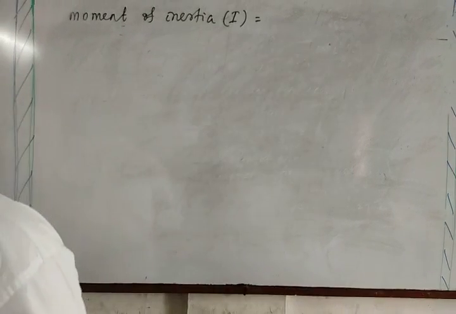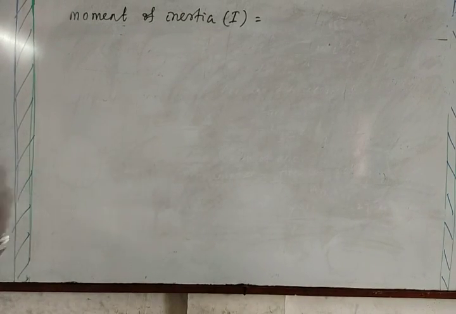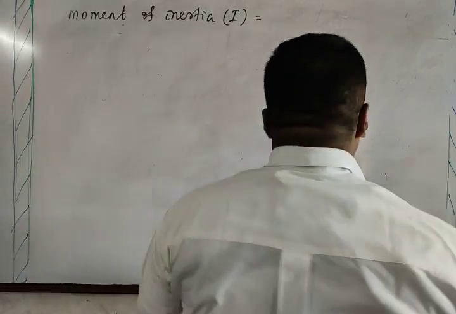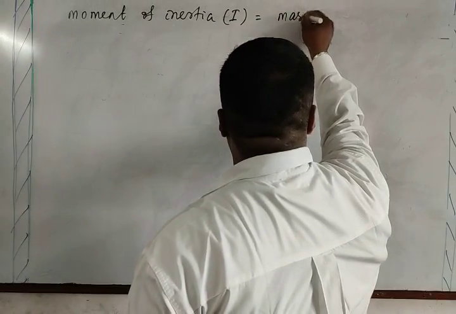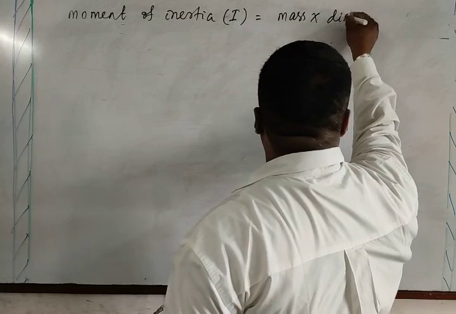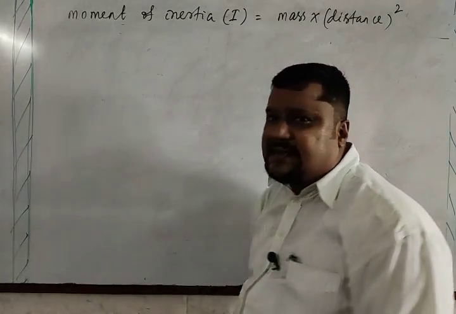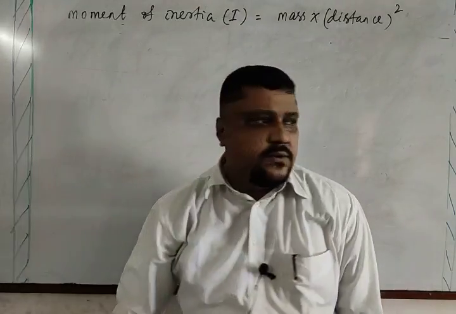It does not change its path, or it will remain in rotational motion. That property is the moment of inertia. It is generally written as I, and the formula is mass of the body into distance square. Distance means the distance of the body from the axis of rotation. So mass into distance square.